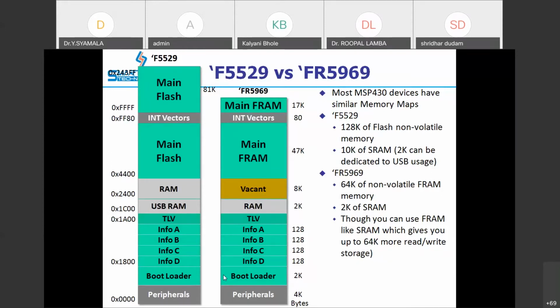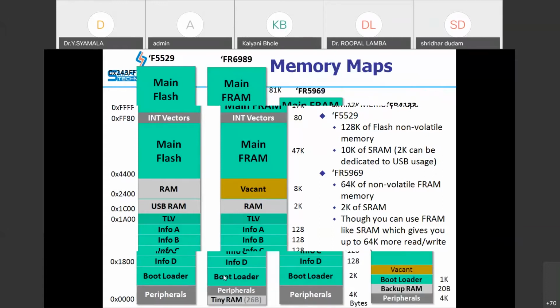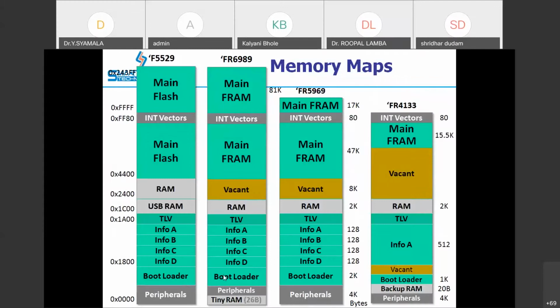Another control is that on the fly I can modify certain parts of my program, which is called in-application programming. That is also possible with the FRAM facility. This slide shows the difference between flash and FRAM.